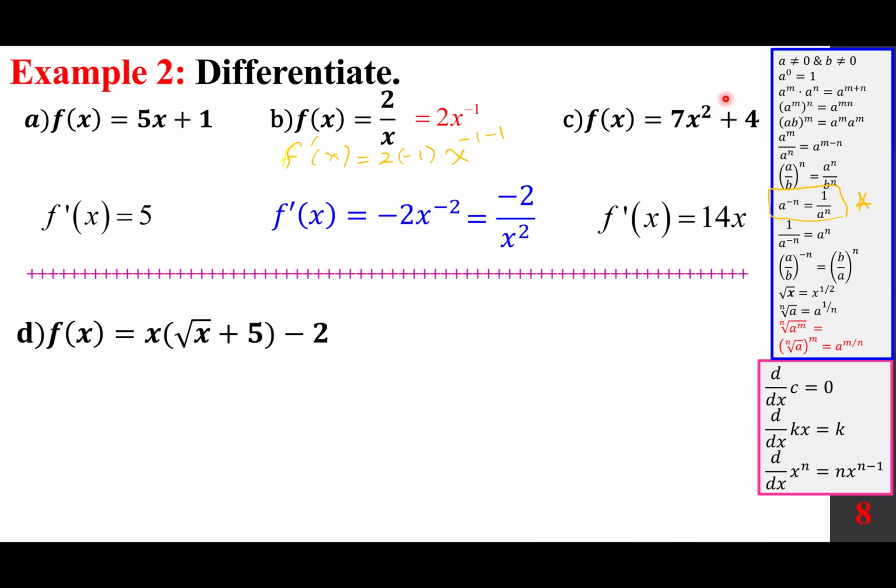F of x is x times square root of x plus 5 minus 2. To differentiate that, first we are going to change square root of x to x to the power of 1 half. Next, we use the power rule here.